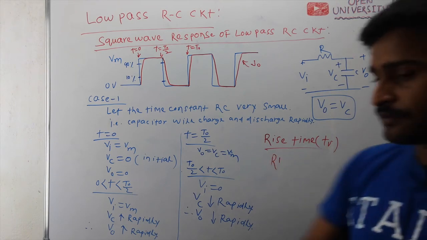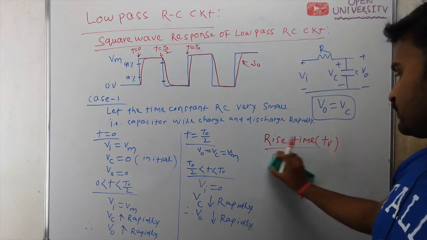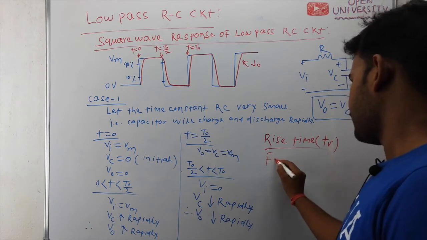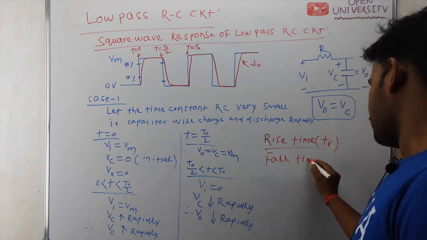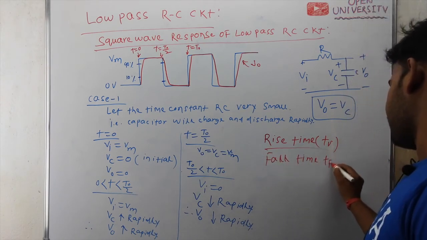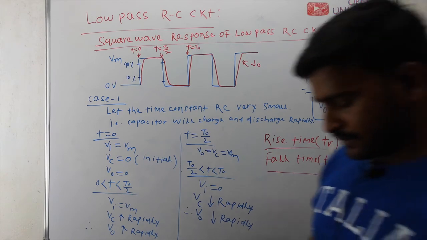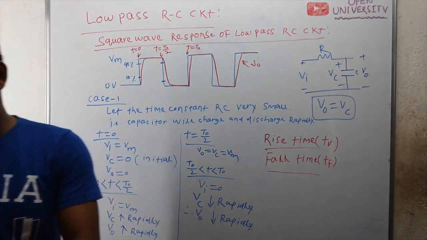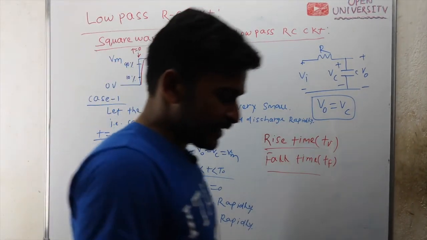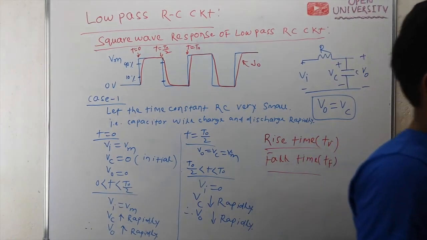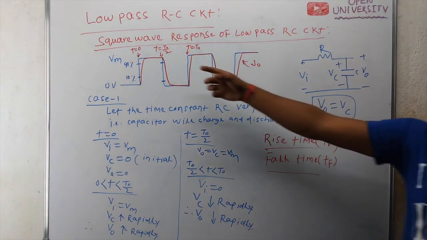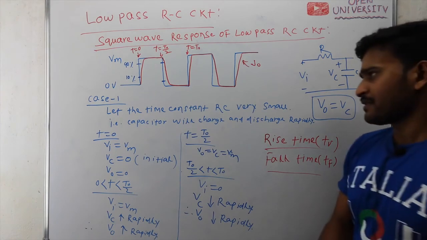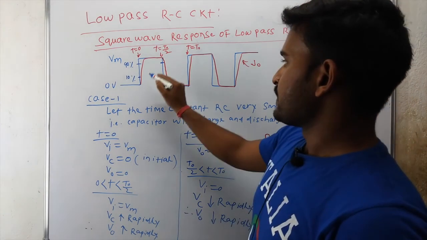Then fall time. Next give the heading fall time, denoted with TF. Under this write down, it is the time taken by the output waveform to decrease from 90% to 10%, is called fall time.